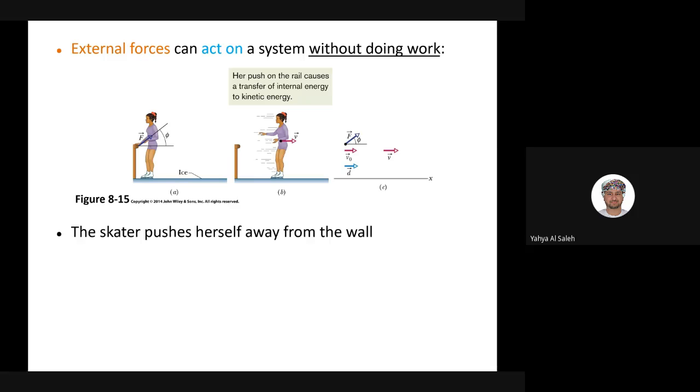They can act on a system without doing work. This is like asking, is the rabbit white? Yes. Is the white thing a rabbit? No, not necessarily. I can have many things that are white, not necessarily rabbits, right?